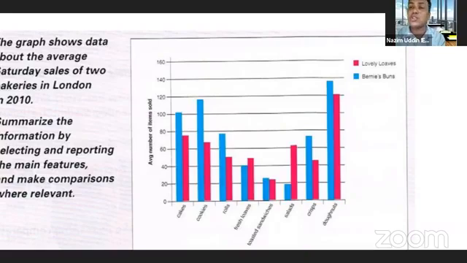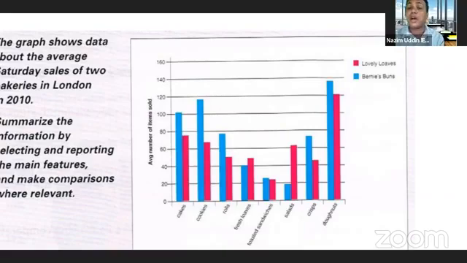Lovely Loaves sold 100 items on Saturday 2010, and Barn sold only 68 items, and Lovely sold nearly 120 items.